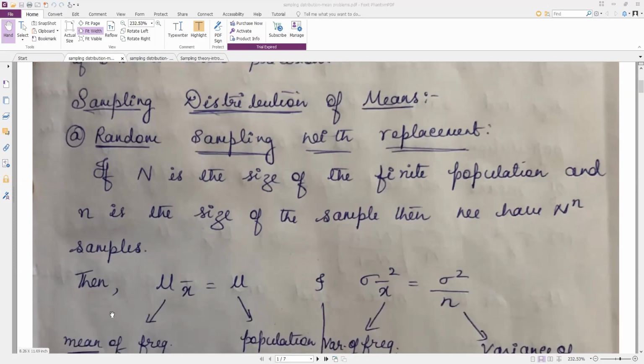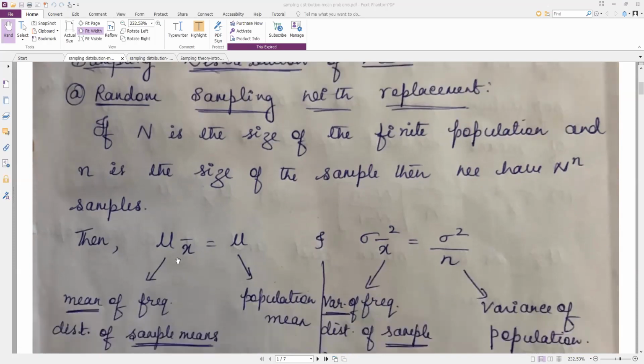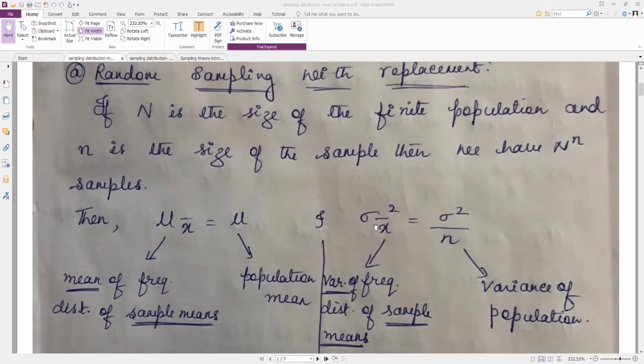Okay, and in that case the mean of this frequency distribution of sample means, here x bar indicates sample means, is equal to the mean of the population. And what about the variance of the frequency distribution of sample means?